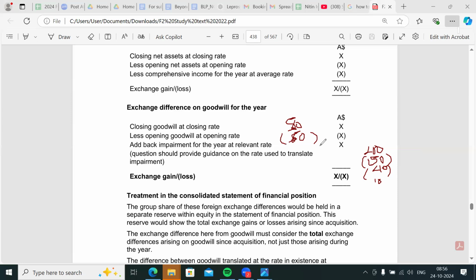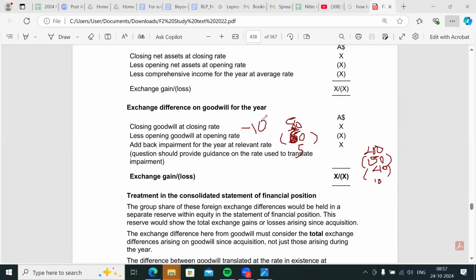Impairment was 5. So when we say add back, what is the meaning? So opening negative 60, closing 50, I end up getting minus 10.